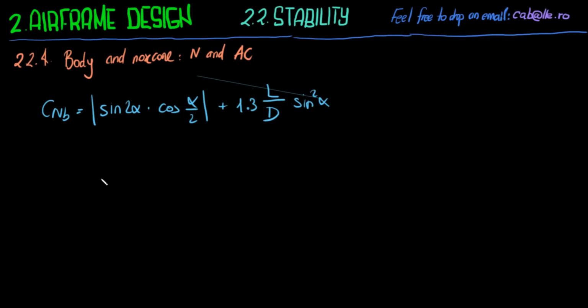Well, first I'm gonna tell you the formula of the position of the aerodynamic center of the body plus nose cone, which is this: the length of the nose cone times 0.63.